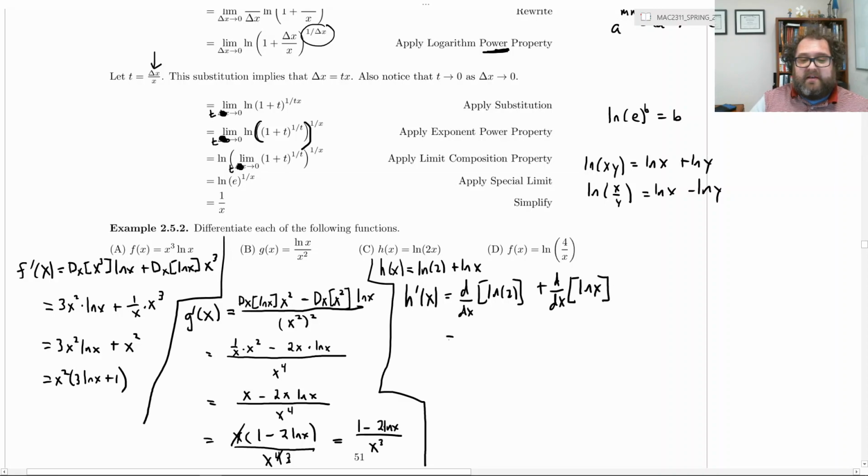Now here's where I said sometimes taking the derivative of a constant function can be kind of tricky, but remember, natural log of 2 is a constant. Type it into your calculator. It's just some number. It's some number such that e raised to that number equals 2.